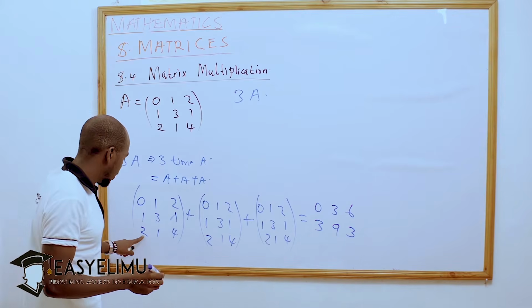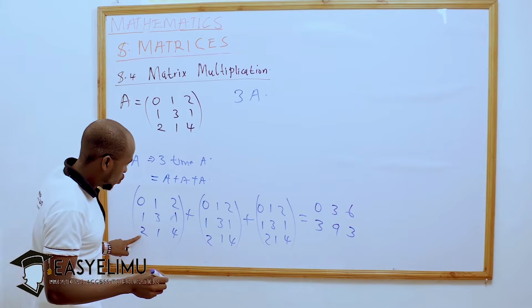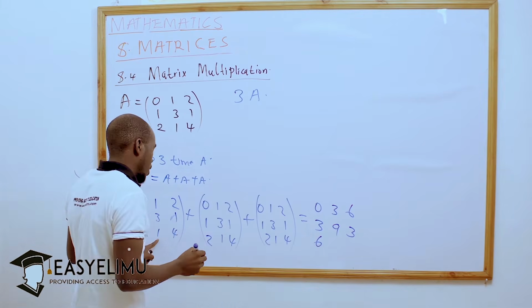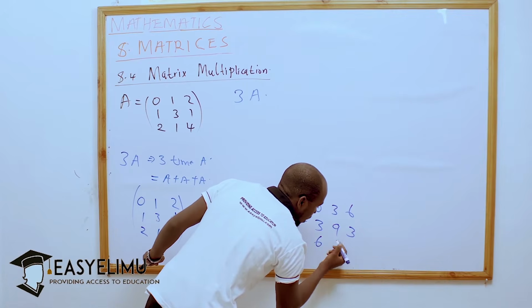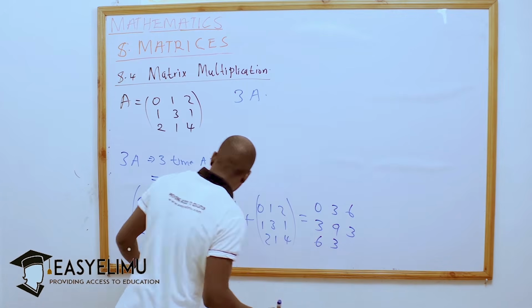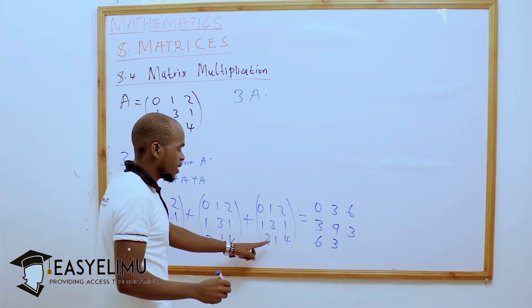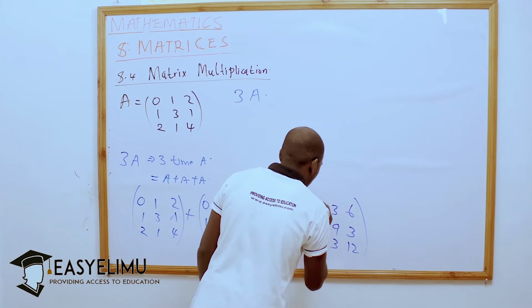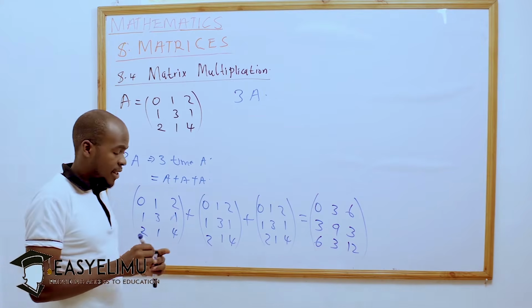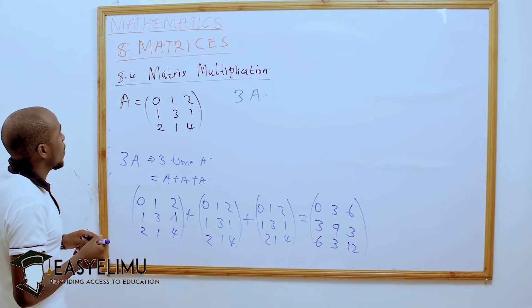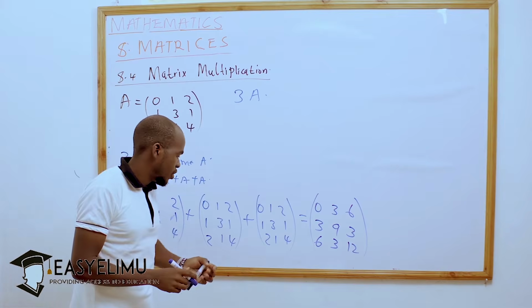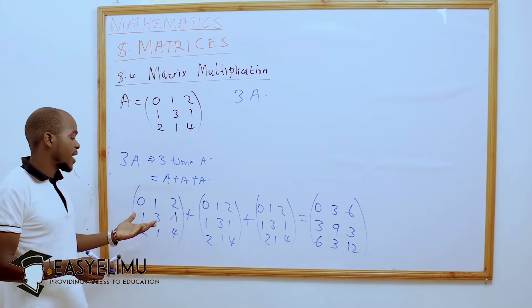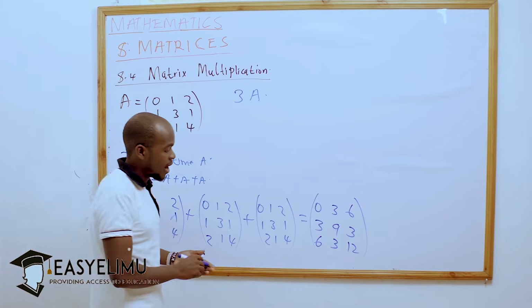Here, 2 plus 2 plus 2, you will get 6. 1 plus 1 plus 1 is 3. 4 plus 4 plus 4 is going to give you 12. So that is our answer. If you are asked to find 3A, it's like taking A plus A plus A thrice, so we have the answer as this.